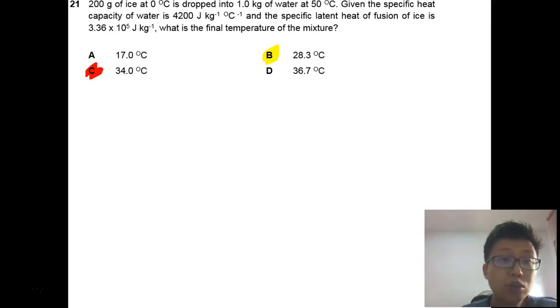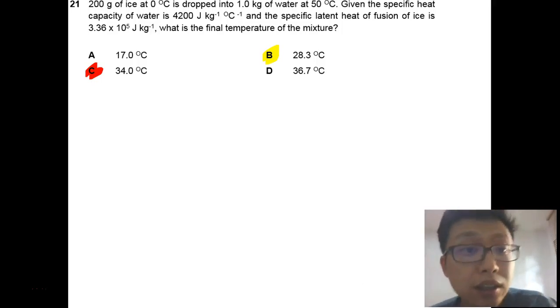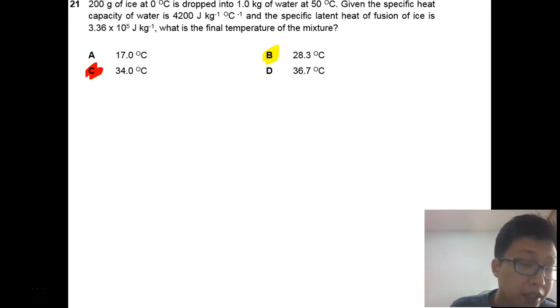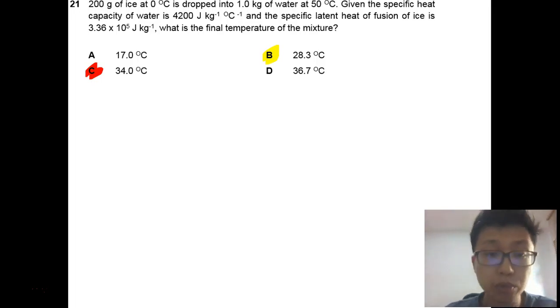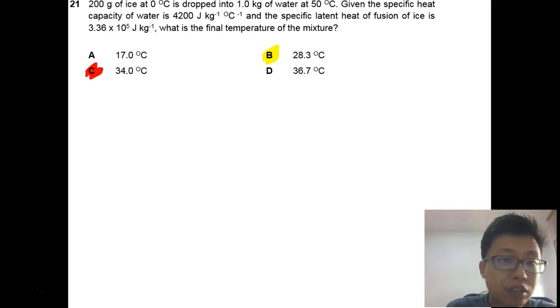Okay, in your question 21, it is just specific heat capacity, and judging from your paper 2's working, it seems to suggest that you forgot that your thermal equilibrium temperature is an unknown. Okay, you cannot assume to take the average.